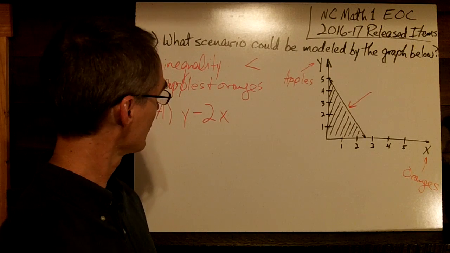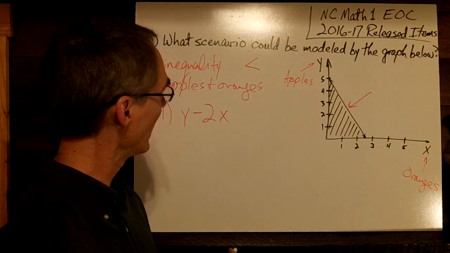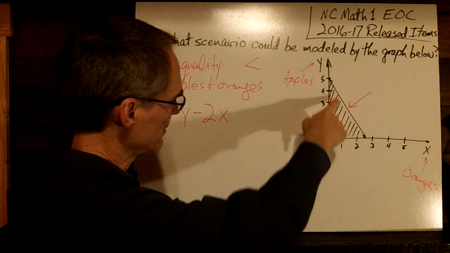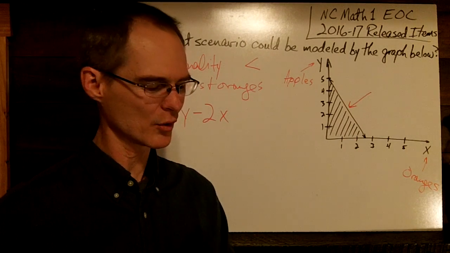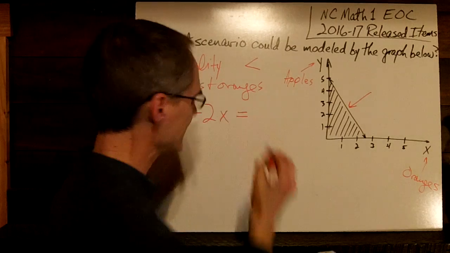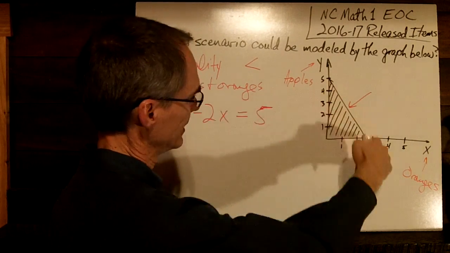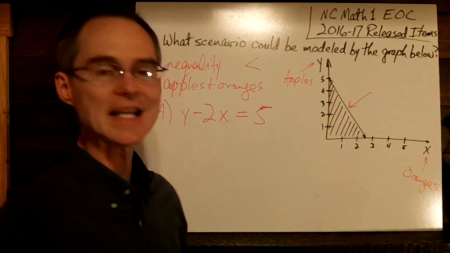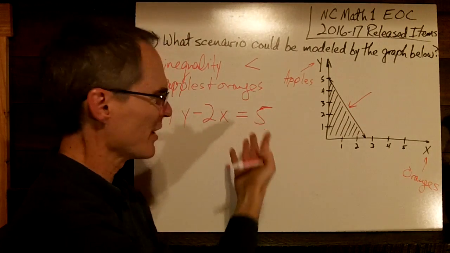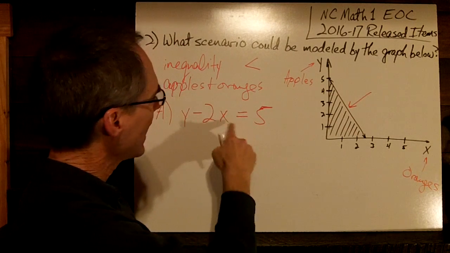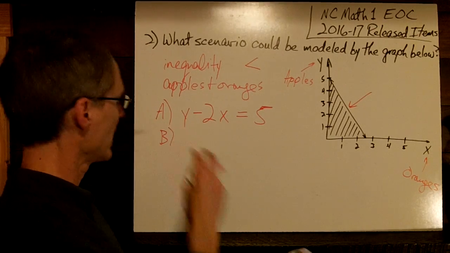I'm not sure how to write the inequality part. Is it supposed to be greater than 5 or less than 5? This looks like a less than inequality, so maybe it's supposed to be less, but I'm just going to write it as equals 5 for now, because the line itself is the equals part of the inequality and the shaded part would be the less than, or maybe greater than. I'll come back and change that later. That's my answer choice A.